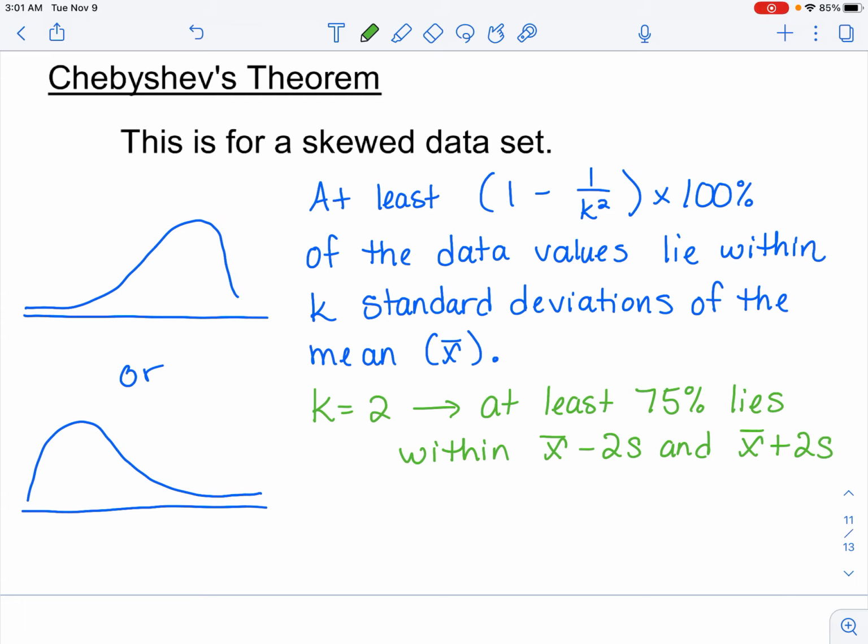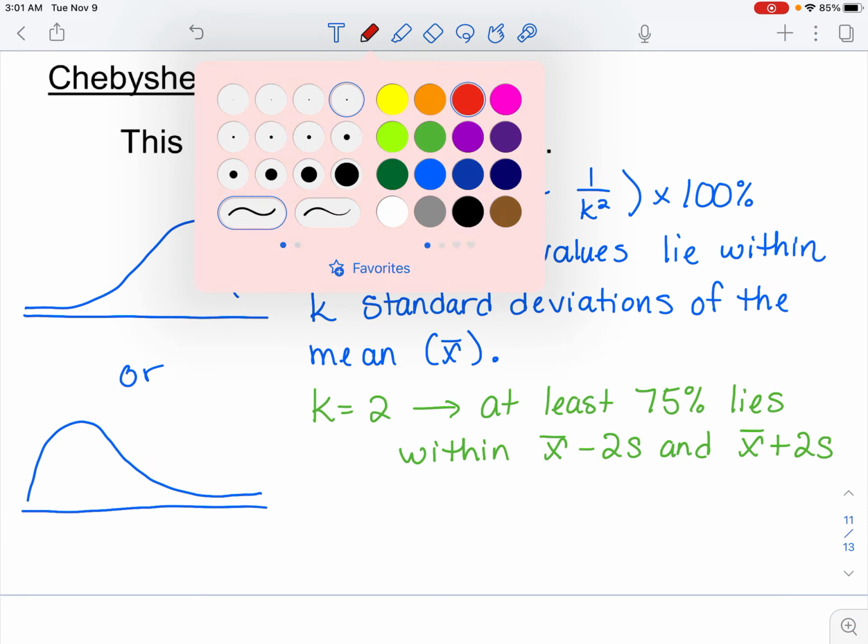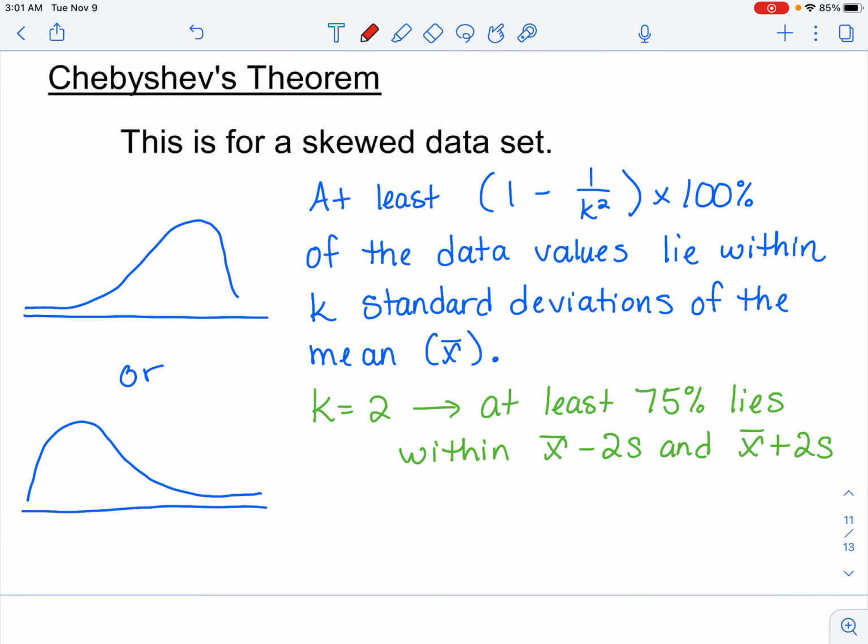So instead of being 95% of the data is there, we get to say that it's at least 75%. And oftentimes it's more than the 75%, but we don't know for sure. It depends on how varied the data is, all right?